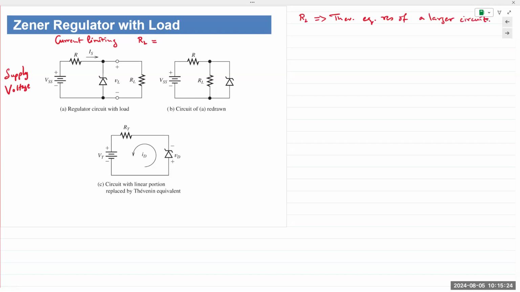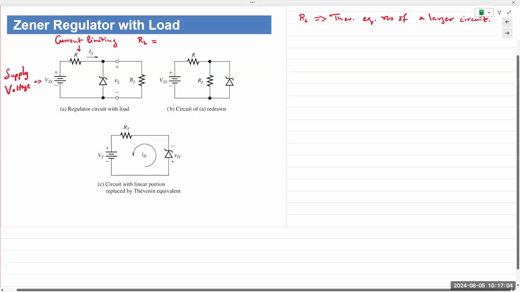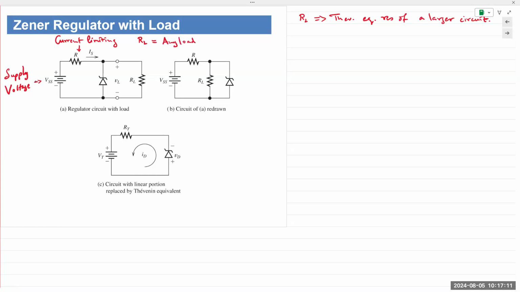This is how we would analyze this. VSS is the supply voltage. R is the current limiting resistance in series. RL is any load, and basically, it is the Thevenin equivalent resistance of a larger circuit.